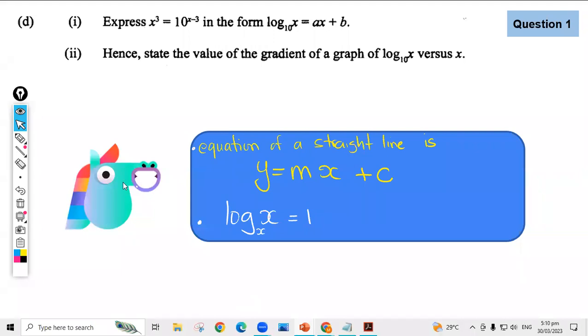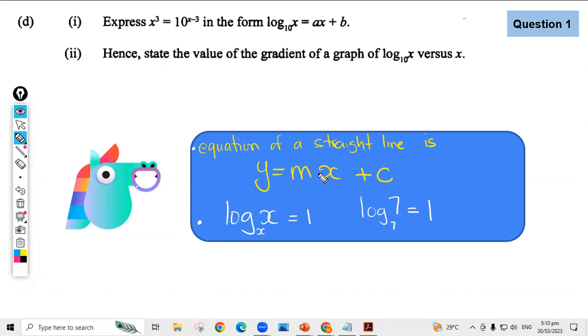The second hint: whenever you're logging something and the base and the big value are the same, you will always get 1. In other words, if I have log to the base 7 and I have a 7 here, I will get 1. Once both of them are the same, you will always get 1.